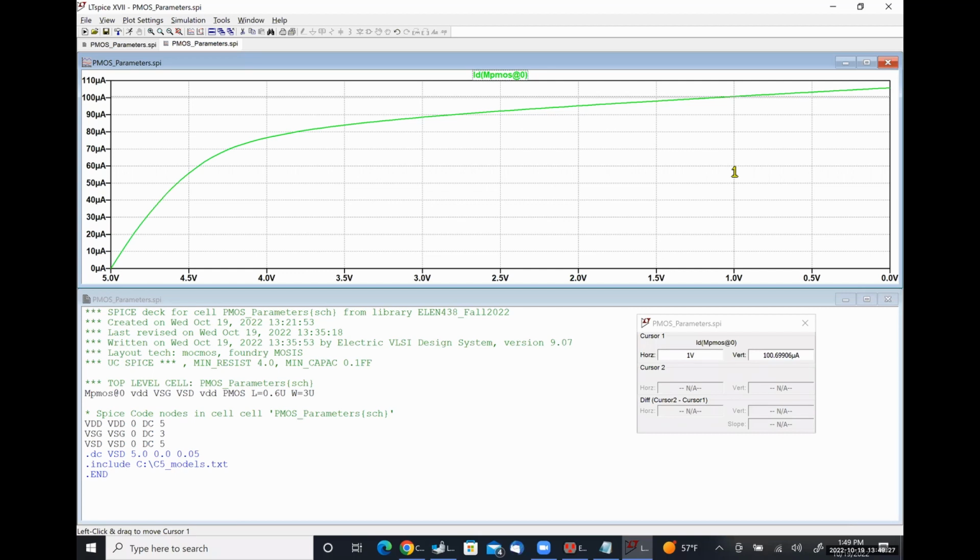Two times 100 over 150 times 1.05 squared, minus 1. Lambda is equal to 0.2. Ballpark. Seems reasonable.